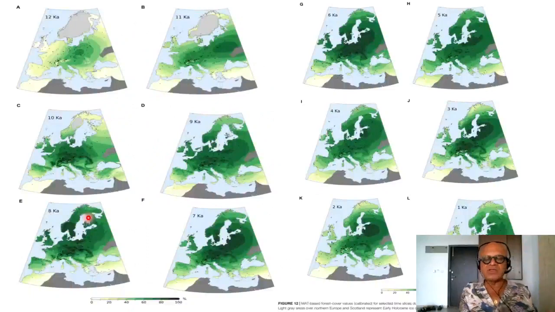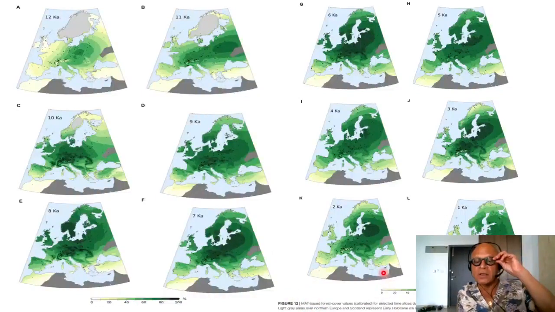This is just a run through the percentage forest cover in various time slices of the Holocene. It's based on the modern analog technique, or MAT. So this is showing for selected time slices the MAT reconstructed forest cover. Gray crosses, so you can find gray crosses somewhere here, hard to see in the way I scaled them.